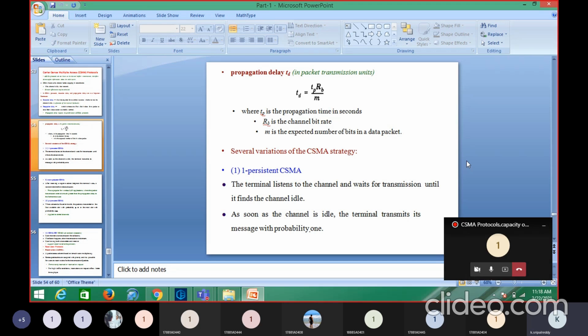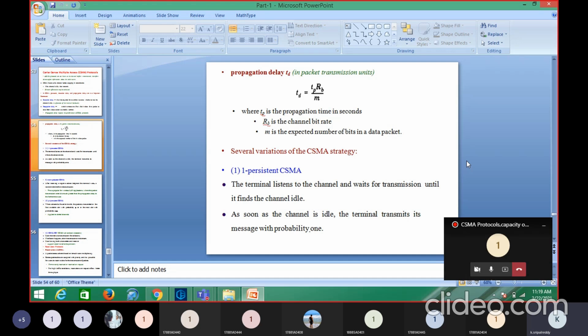As soon as the channel becomes idle, the terminal transmits the message with probability 1. That is called persistent, one-persistent CSMA.